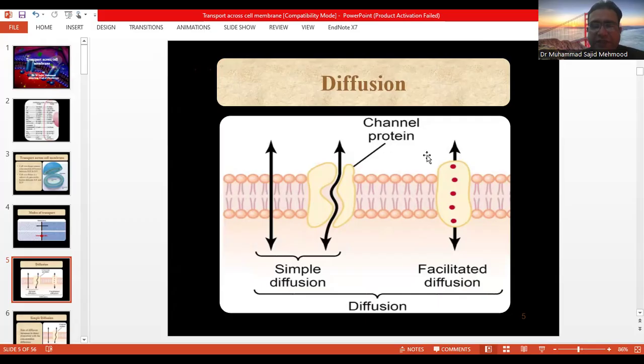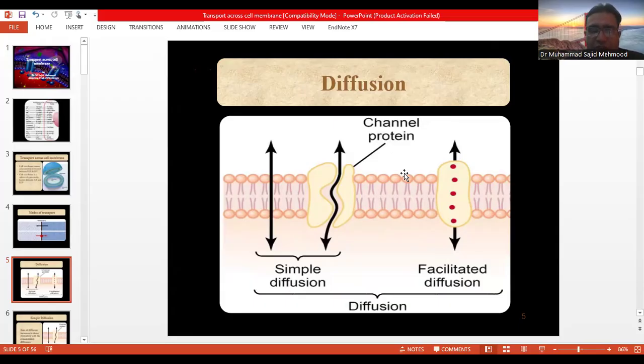First of all, we are going to discuss diffusion. Diffusion is the movement of molecules, or of water molecules, from higher concentration towards lower concentration.